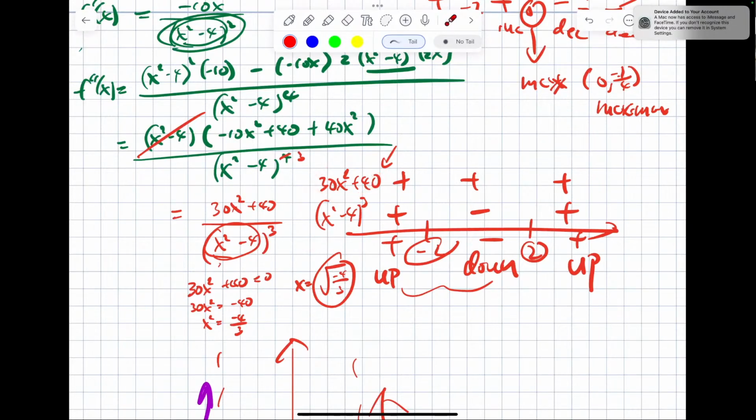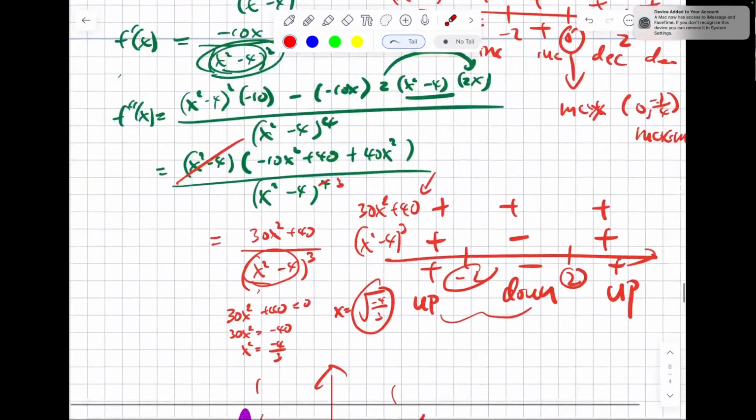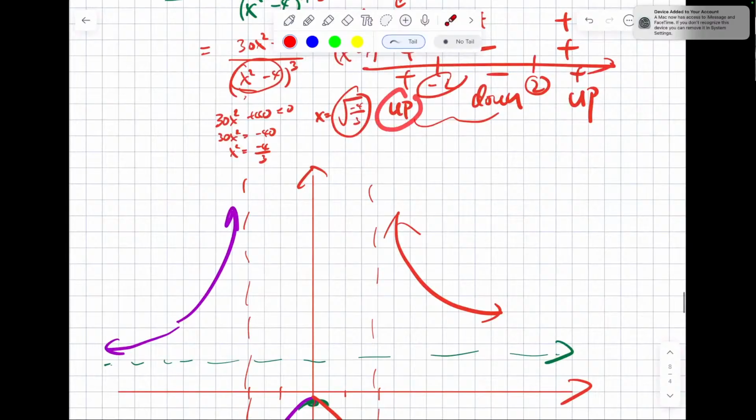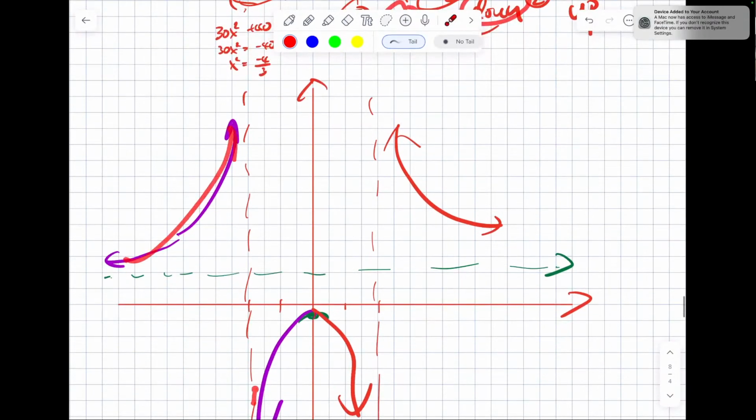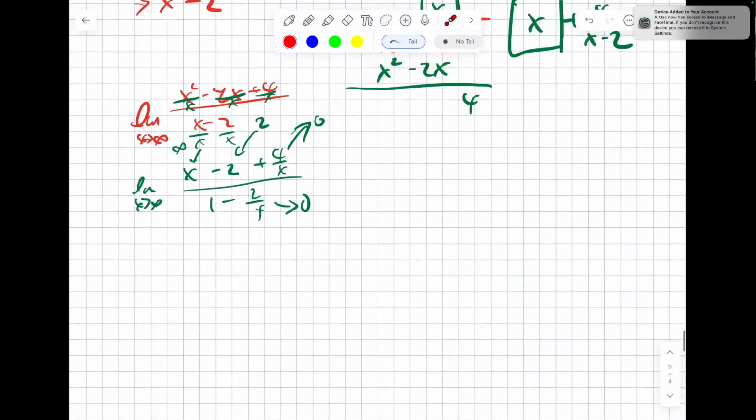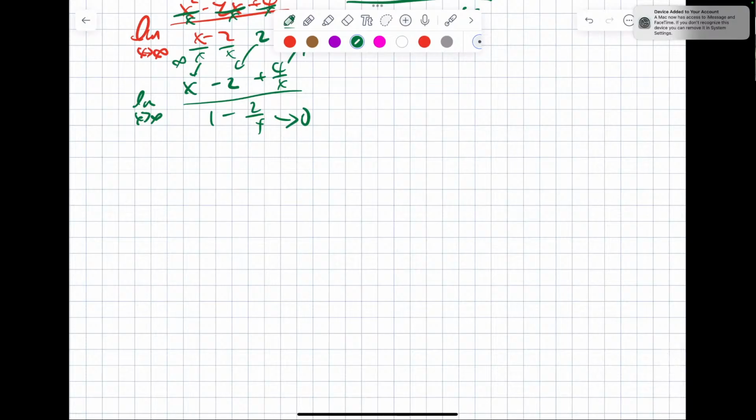If you plug in -3, -3 squared minus 4 is 9 minus 4, which is positive. But if you plug in something really small, this -4 is going to win, and that's going to be negative. But if you plug in -4 on the top, it's still positive. So the top part doesn't change sign. Only the bottom is going to have a sign change. So it would cause your concavity to change. If you look here, it goes from up to down. So this is concave up and this is concave down. Makes sense.